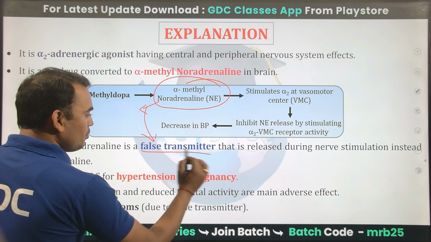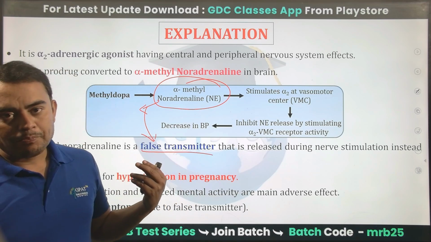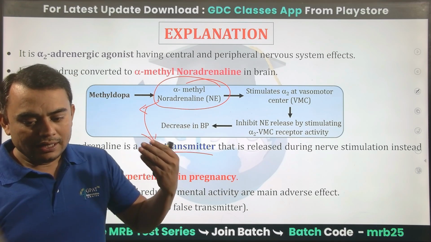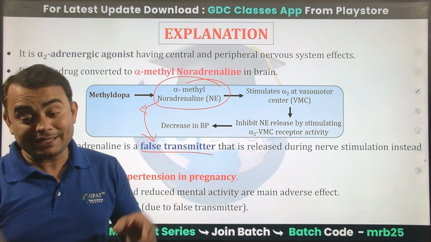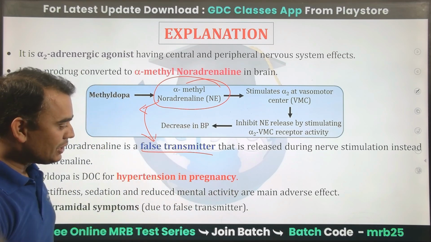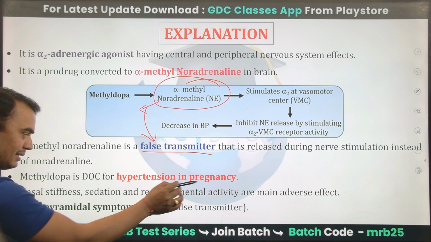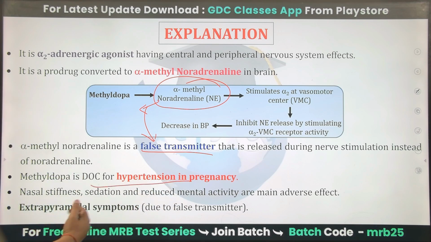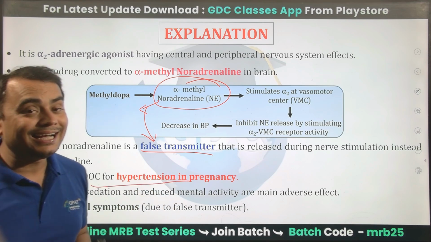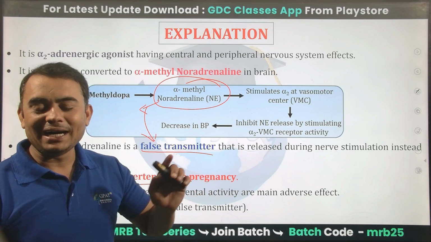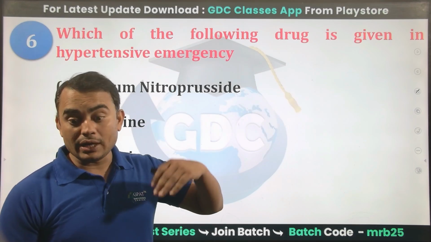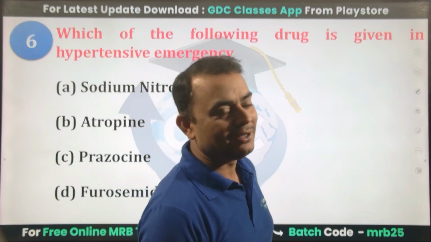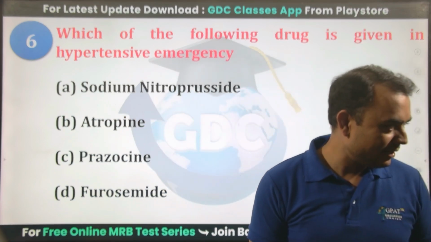Yes, false neurotransmitter, because alpha methyl norepinephrine is like a derivative of norepinephrine, but actually not. That's why it's also called the false neurotransmitter. These are the drugs of choice for pregnancy-induced hypertension, and methyldopa also undergoes the Coombs test, where autoantibodies are produced and the test is carried out.